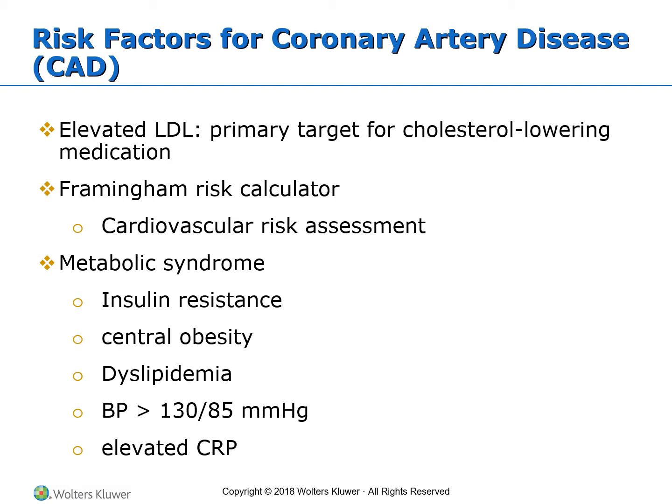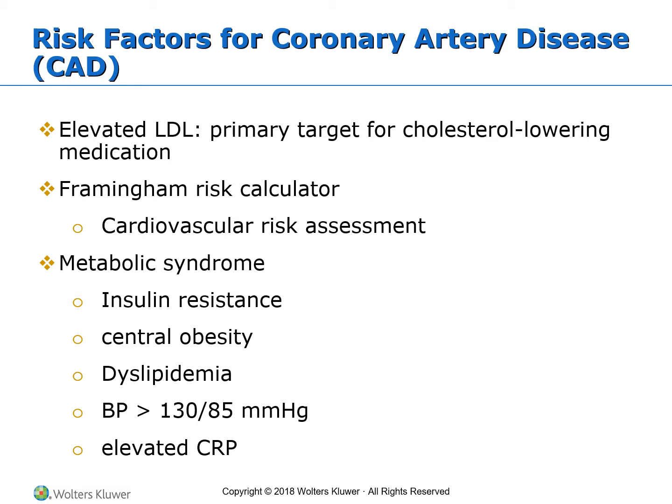Risk factors for coronary artery disease, again, metabolic syndrome. You have the abdominal fat, more so where you carry your weight than anywhere else. This leads to insulin resistance. Dyslipidemia is also part of the metabolic syndrome.